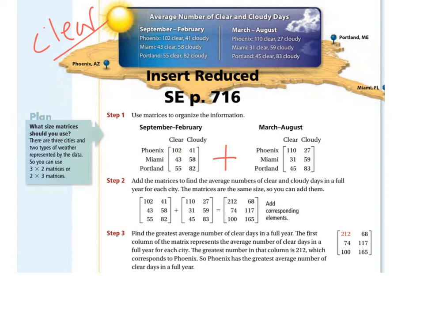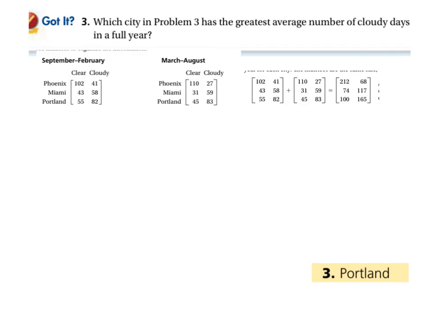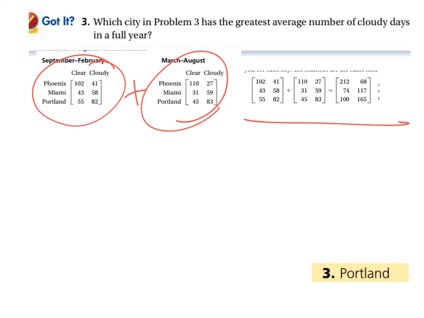Find the greatest average number of clear days in a full year. Well, look at this, the biggest number, 212. So Phoenix had the greatest average for the whole year of clear days, 212. I just went in and brought the data over from the last page. So again, this matrix plus this one is going to yield this.